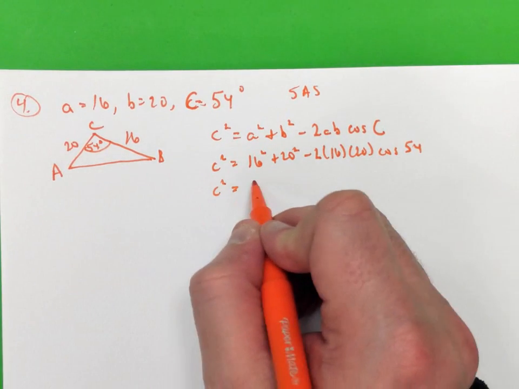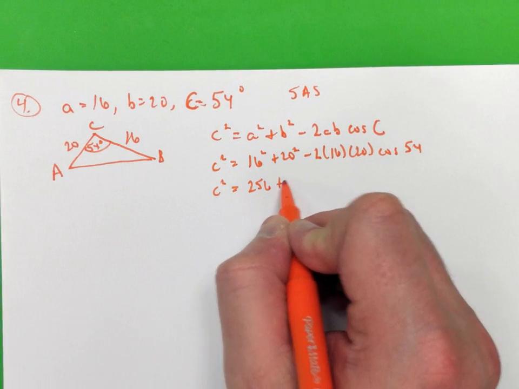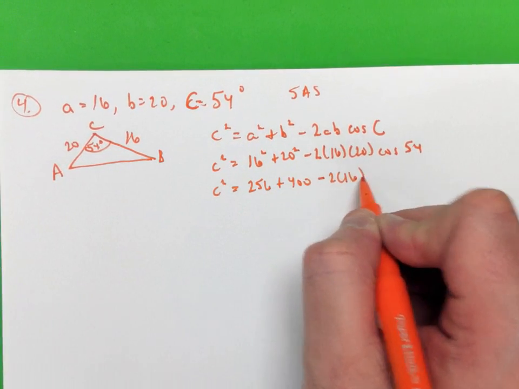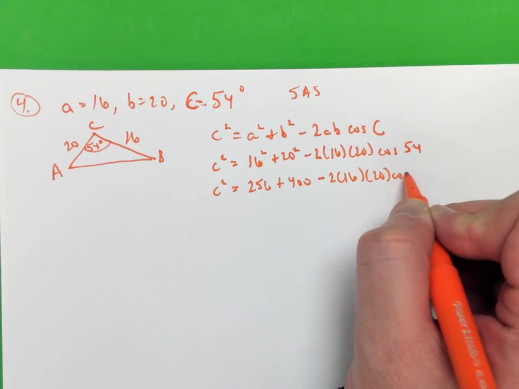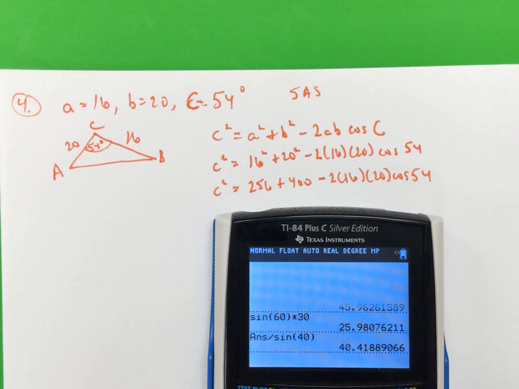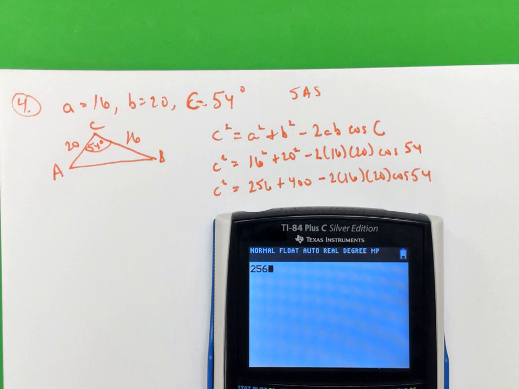Clean it up. That's going to be 256 plus 400 minus all this. Now I'm going to type that in my calculator, so make sure we know how to do that. 256 plus 400 minus 2 times 16 times 20 times the cosine of 54.